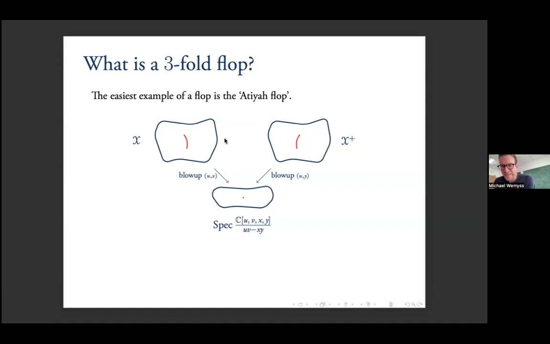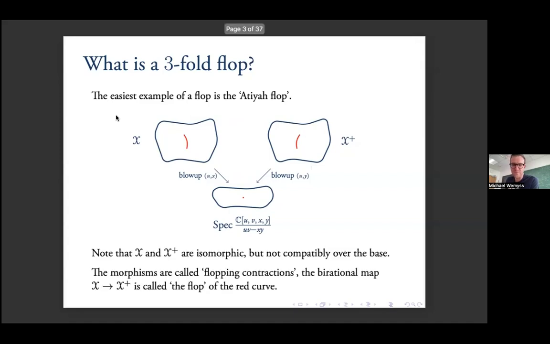So then you stare at the equations and you realize, well, (u, x) is a complete symmetry here. I could have blown up (u, y), and it shouldn't be surprising given the symmetry that you're going to get the same answer. And so you get this scheme here, which again is smooth, which again has a P^1 over the origin. So you don't have to repeat that calculation because symmetry tells you it has to be true.